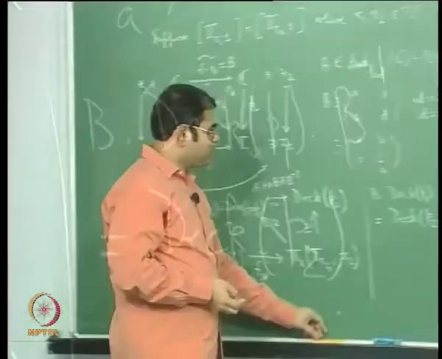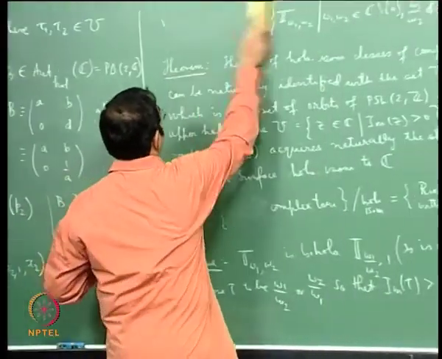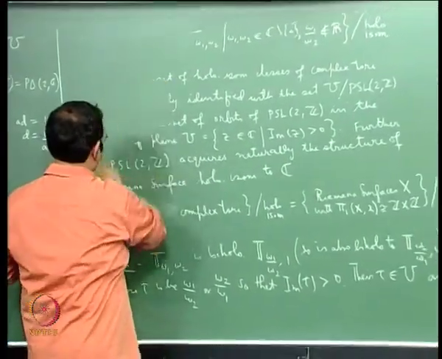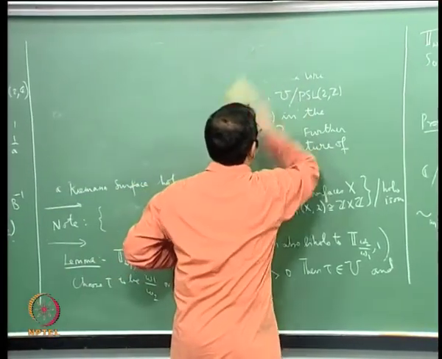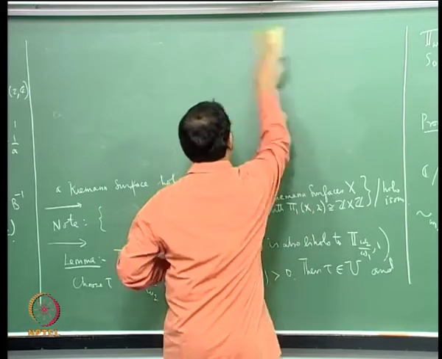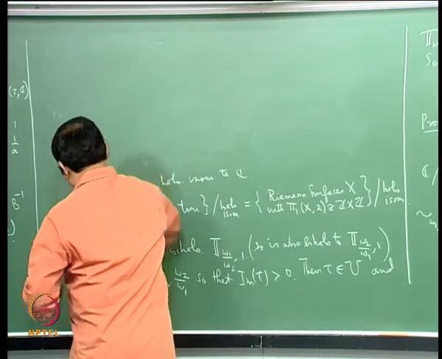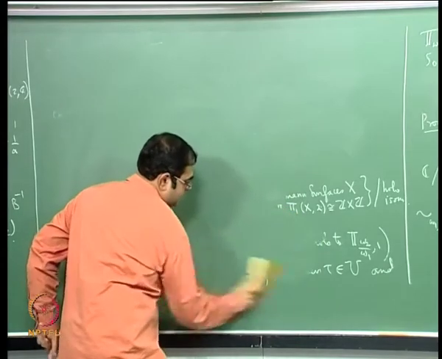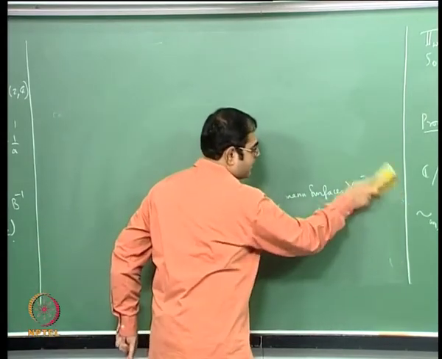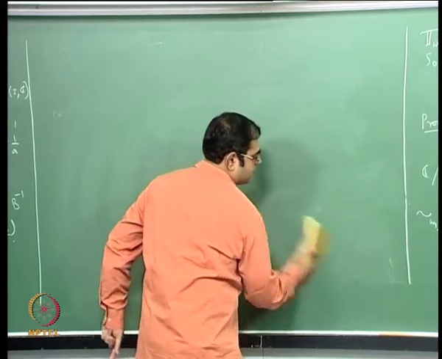Now let us look at what the generators of these deck transformation groups were chosen as, and we can extract a little bit more information.